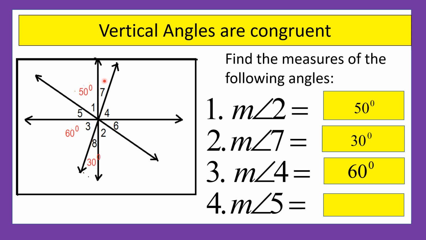That is 80. 80 plus 60 is 140. So, from angle 7 to angle 3, we have 180 degrees. We need to find the measure of angle 5, that is 180 minus 140. Therefore, the measure of angle 5 equals 40 degrees.